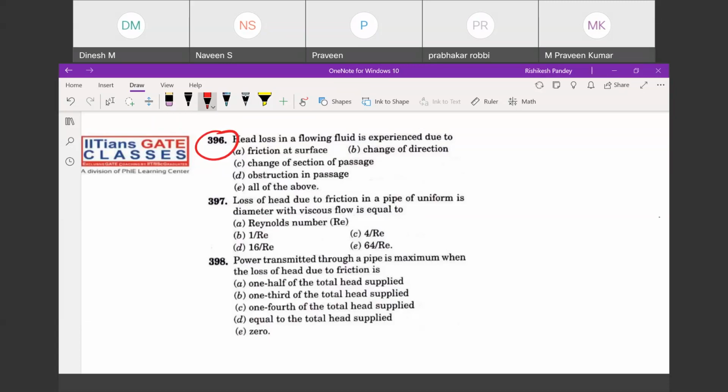It is due to friction, and also change in direction. Losses we have seen, no? This is major loss. This comes in minor losses: change in section of passage or obstruction. So all of them. Okay, 397.